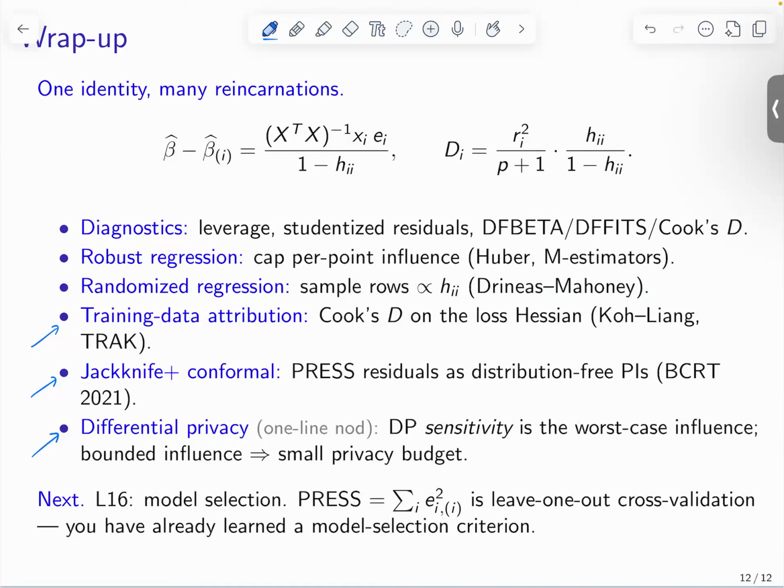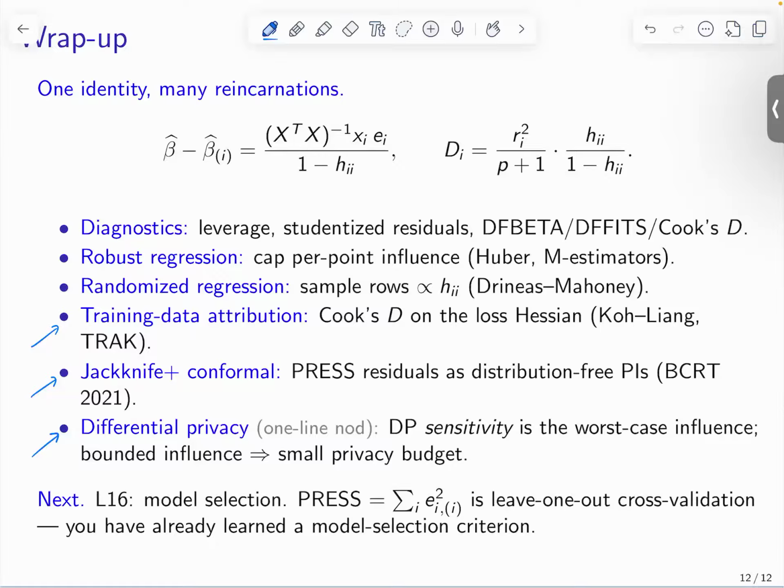It has the same flavor in the sense that, if you think of privacy, if you fit a model like a linear regression, and based on the coefficients I can recover the training data, that's not going to be private. If you fit a model like a deep neural network and I can extract the training data out of the model, then it may not be private. It would be good if I have a model that does not rely on any single data point so much that I can extract that data point.